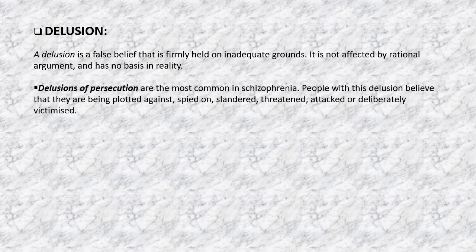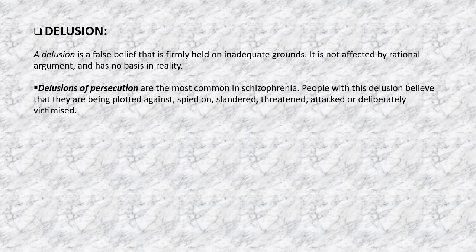Now under delusion we have certain kinds of delusions as well, because all delusions are not the same. There are four kinds of delusions that a person with schizophrenia shows. The first is delusion of persecution.